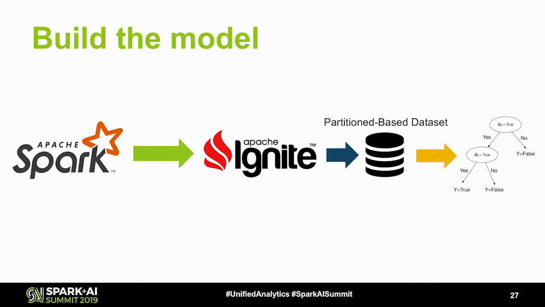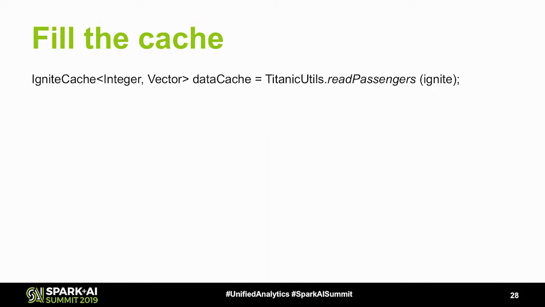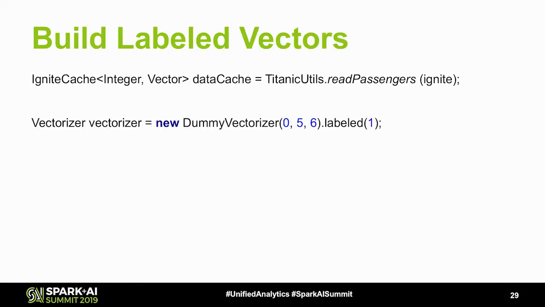And let's build the model. How to train the model on the given Ignite cache or Ignite SQL table loaded from Spark? It's very easy. We load this via CacheStore, for example. After that, we create a data cache. We should build something like a vectorizer.